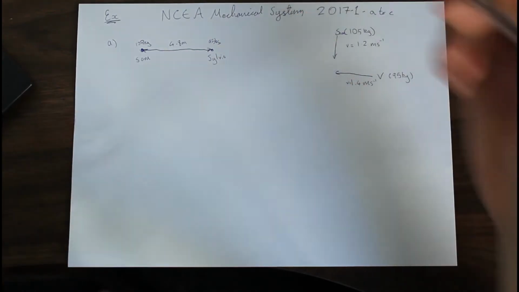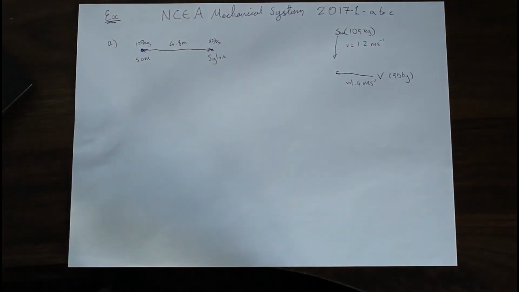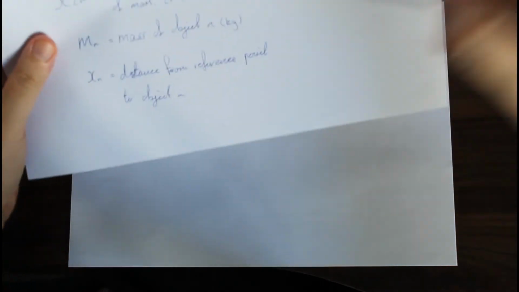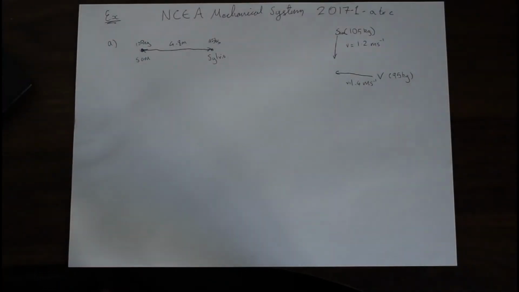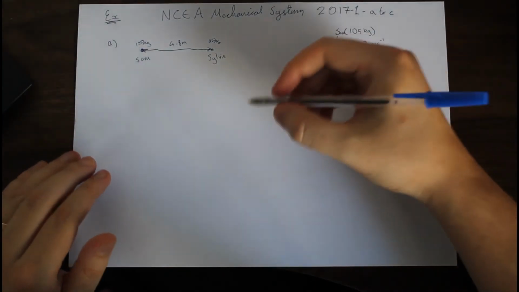So, using our equation from before, we're going to use this equation to find the center of mass between two objects. Relatively simple here.